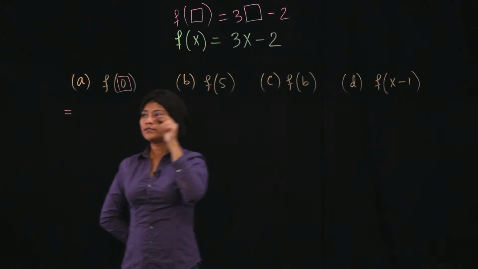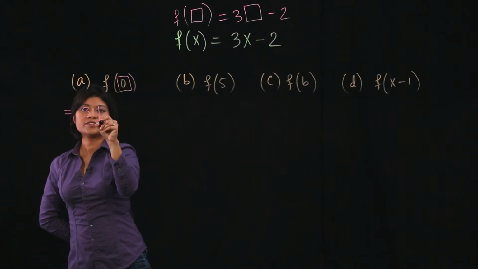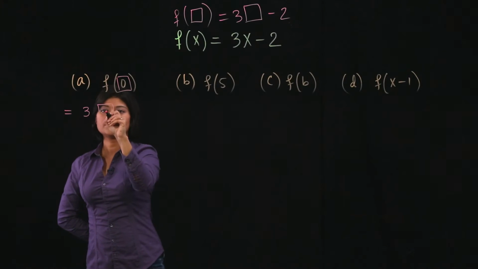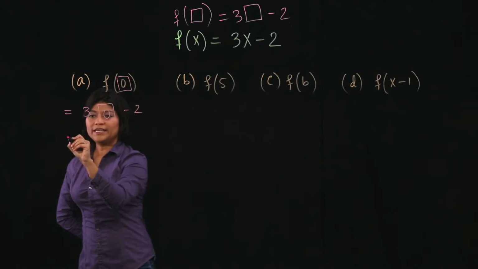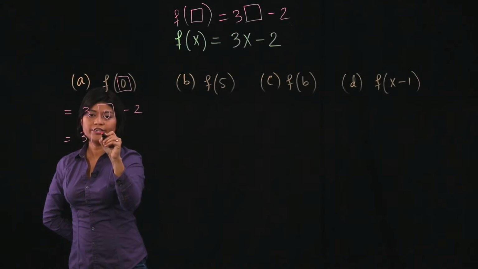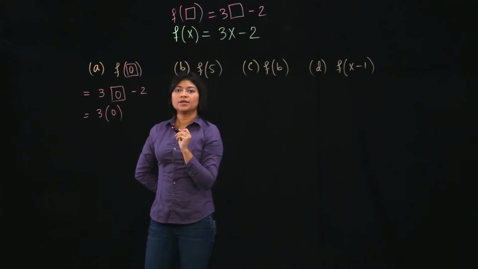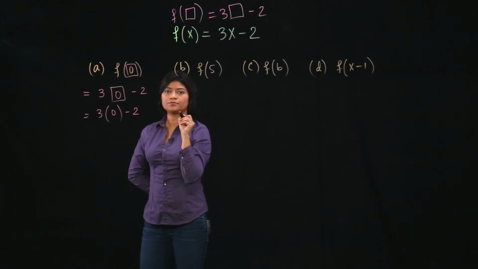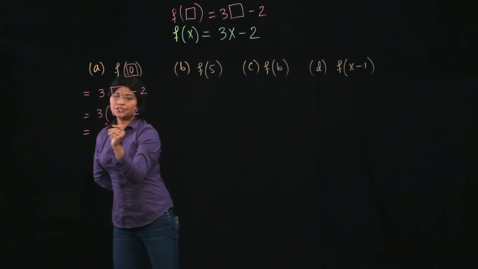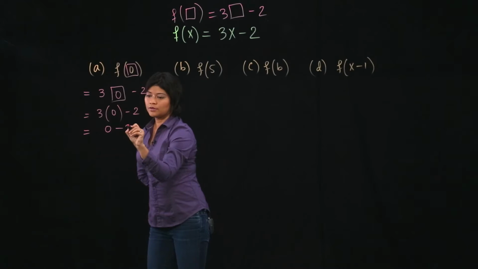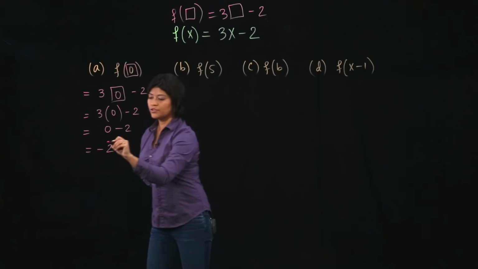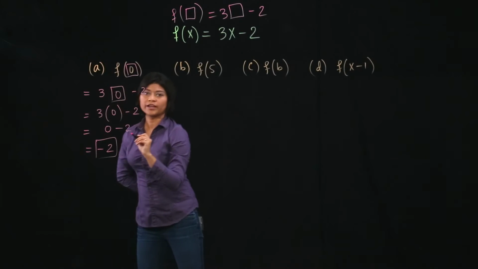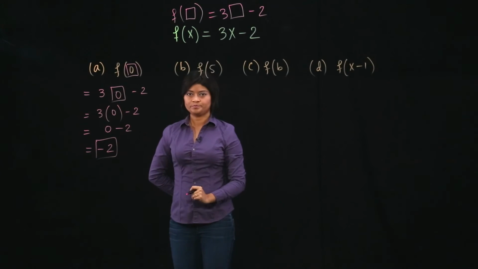So it will be 3 times, here was a box, right? So you plug in 0 there and minus 2. So what that means is you multiply 3 with whatever is in the box and then subtract 2 from it. So as you see, 3 times 0 is just 0, minus 2, and answer is negative 2. So this is the output when you plug in 0 inside the function.